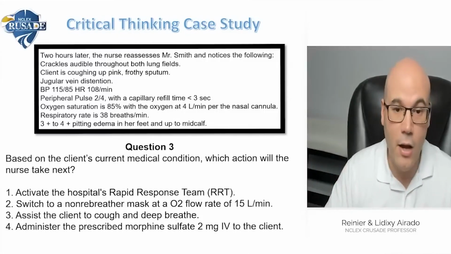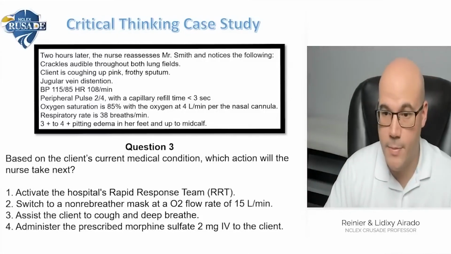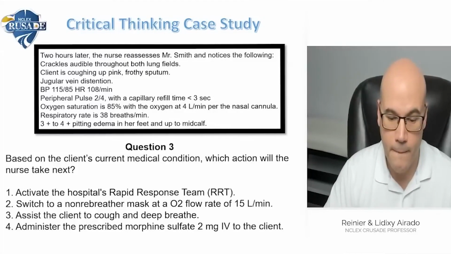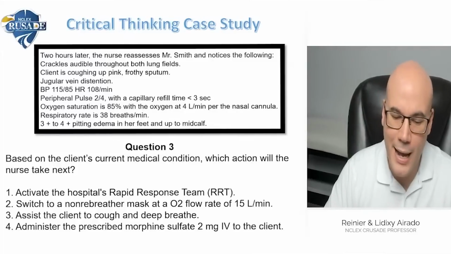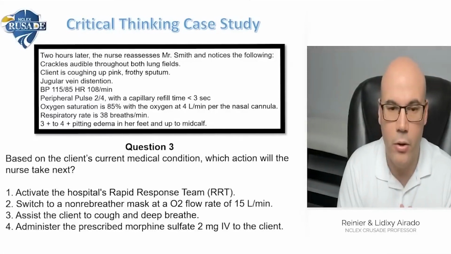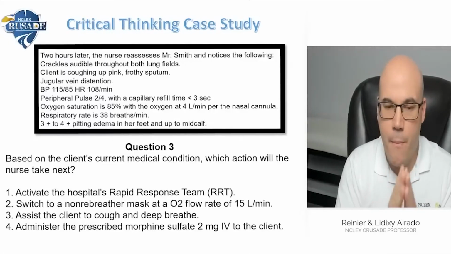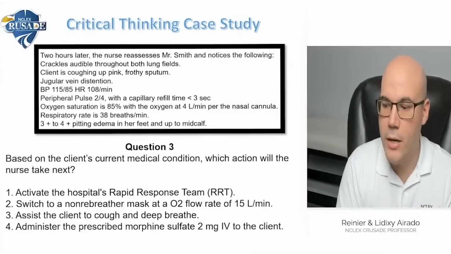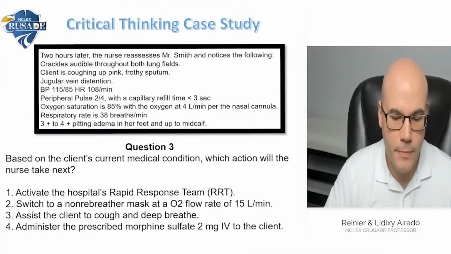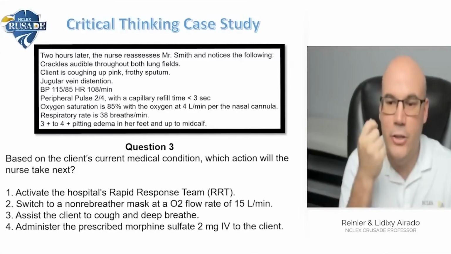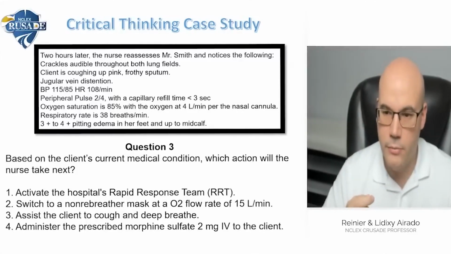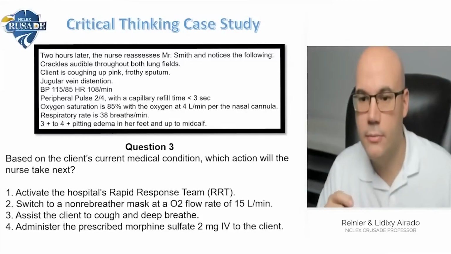First strategy I can think of, do I need to call the rapid response team or do something now? In other words, is there something that I can do now that helps my patient with the current problem? Is there a nursing intervention that you can do as the nurse?